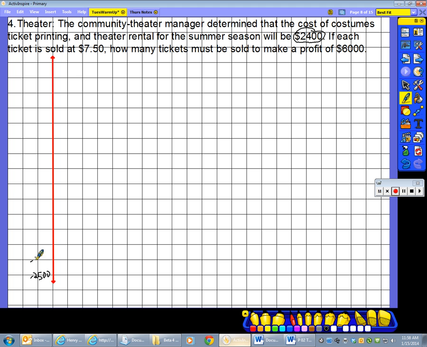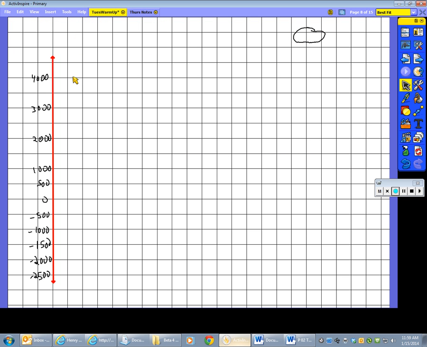I've got negative 2,000, negative 1,500, negative 1,000, negative 500, then 0, and then 500, and then 1,000, 1,500, 2,000, 2,500, 3,000, and then 4,000, 5,000, and then 6,000 way up here.